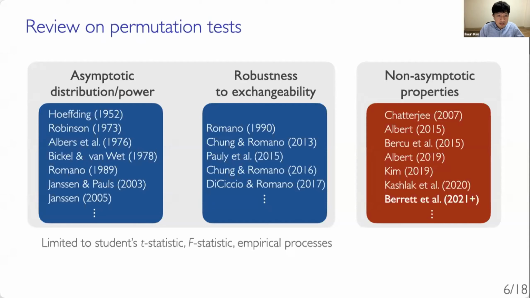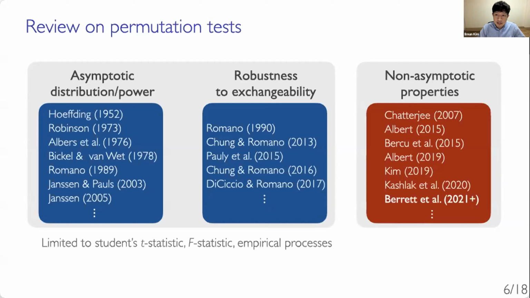In the last 5 years, people have started looking at non-asymptotic properties of the permutation test. More specifically, people have studied concentration inequalities of a test statistic under the permutation law, which in turn allow us to understand the non-asymptotic power of the permutation test. I just listed a few papers that cover non-asymptotic aspects of the permutation test.